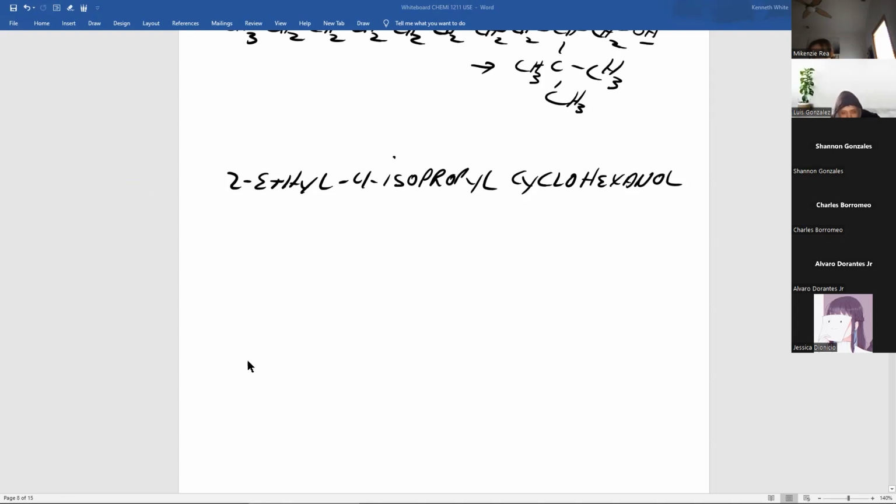All right, looks like everybody's done. So how do you decode this to know what to draw? You start from the right, move left. OL ending, alcohol. Hydroxyl group on something. That word E, cyclohexane, is a ring. And most of you are going to put the hydroxyl group there.